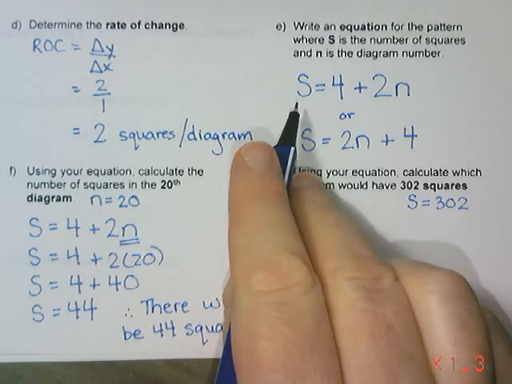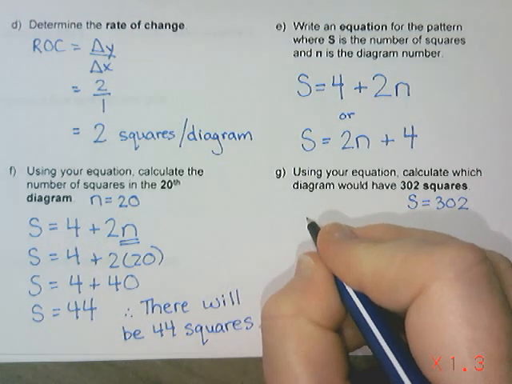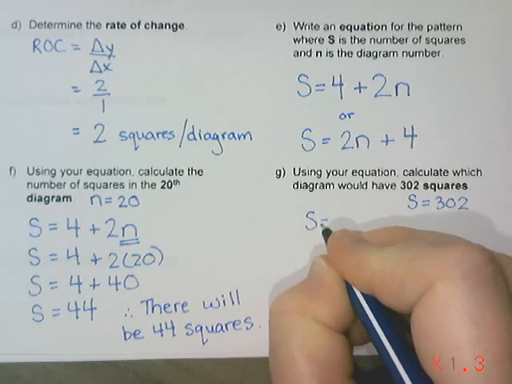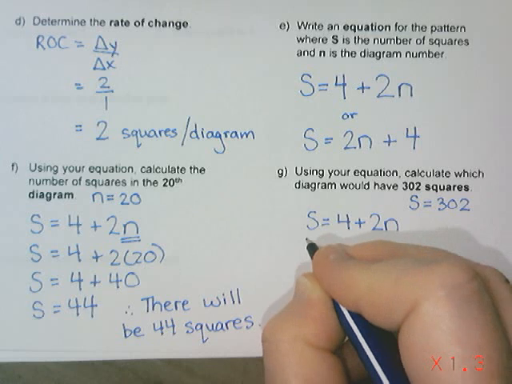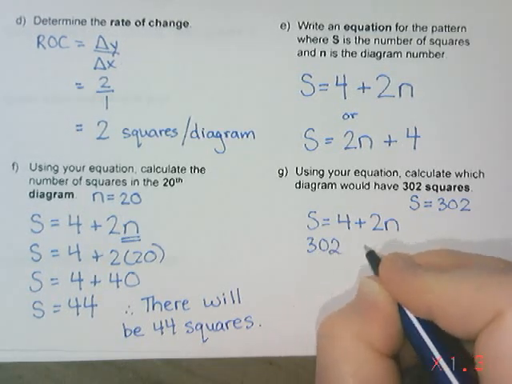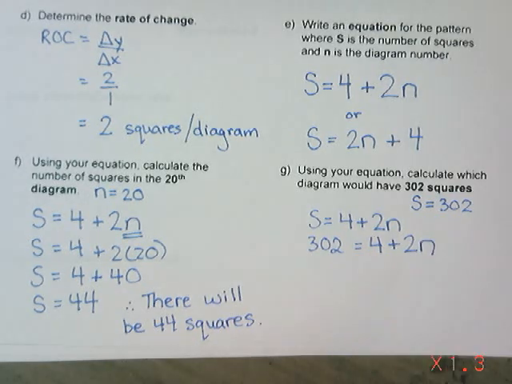So I'm going to take my equation, and everywhere I see an S, I'm going to put in 302. So I'm going to say S equals 4 plus 2n. Put 302 in for S. And then I need to try to solve for n.